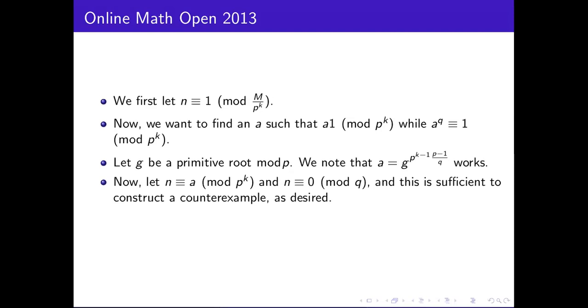We let n be congruent to A mod p to the k, and we let n be 0 mod q. And then we can combine these because all of the moduli are relatively prime, because q does not divide m. Right, so then this is sufficient to show that our counterexample works.